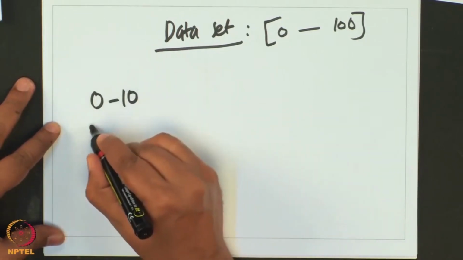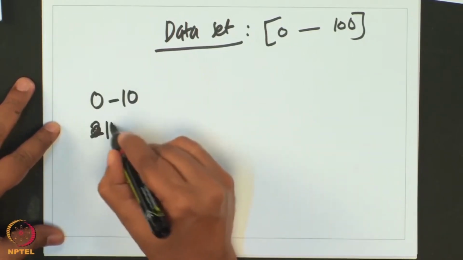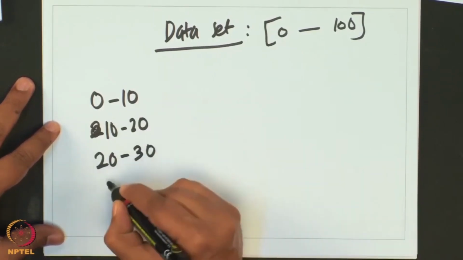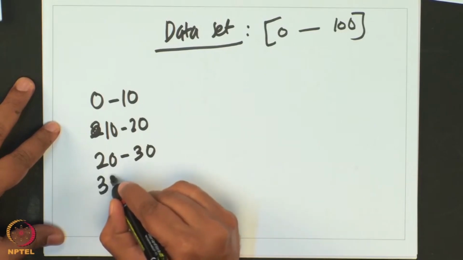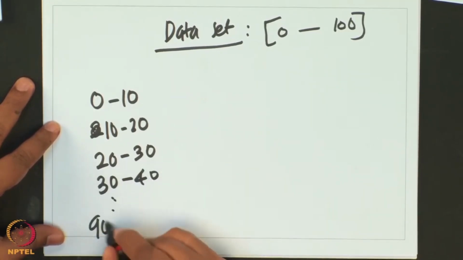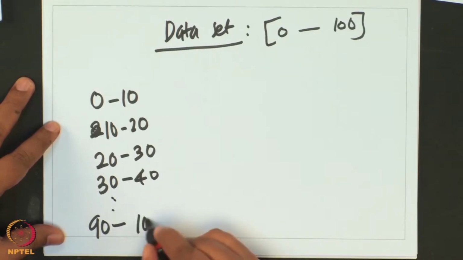How many are between 10 and 20? How many between 20 and 30? How many between 30 and 40? And so on and so forth. Finally, how many numbers are between 90 and 100?